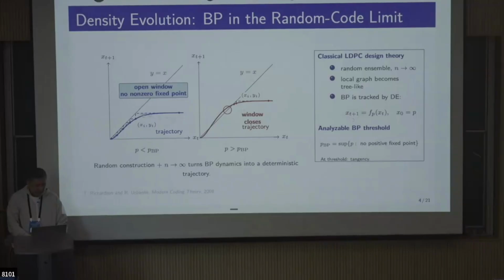When the window is open, the BP trajectory converges to zero. But if the channel parameter p is above the BP threshold, the window closes and the trajectory is trapped at some fixed point. So this is why in the waterfall region there are big errors proportional to the code length.